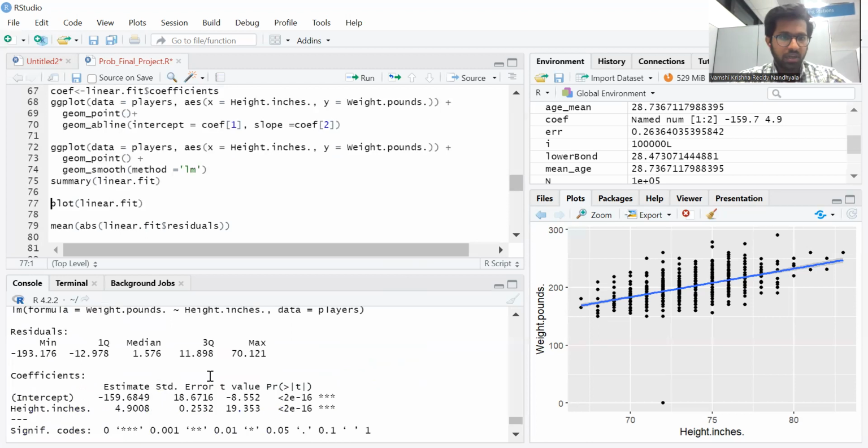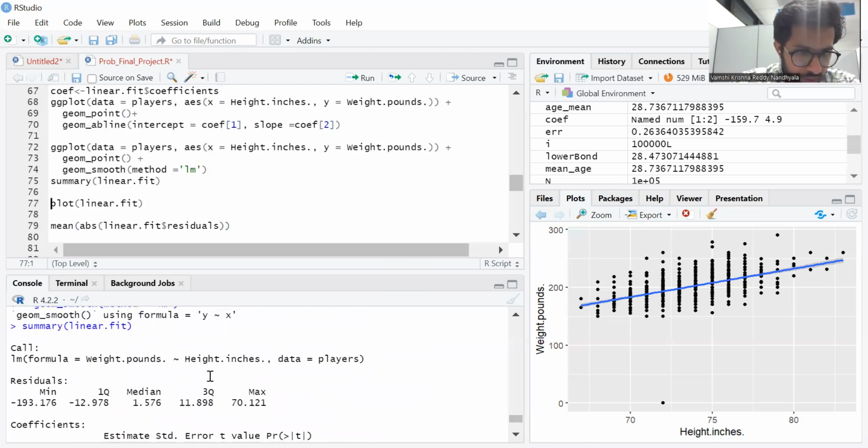In the summary of the linear fit, it is showing the formula, the call, and the minimum value of residual is minus 193.176. I think this is an outlying value which can't be seen over here, and the maximum value is 70.